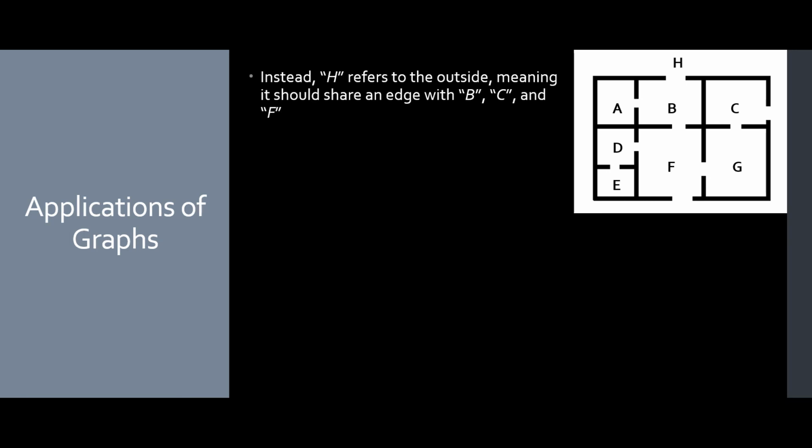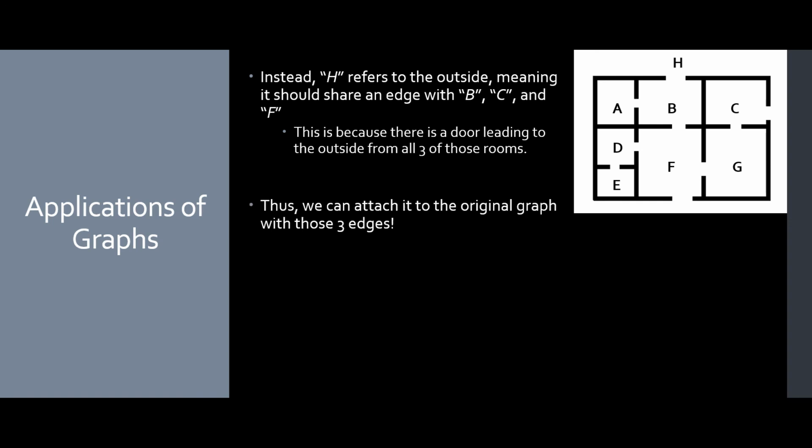So H, since it's the outside, should share an edge not just with B, where it seems to be right next to it, but also with C, because you can see that right exit, and F. And F is the front room. And by the way, this is just because there's a door leading to the outside from all three of those rooms.